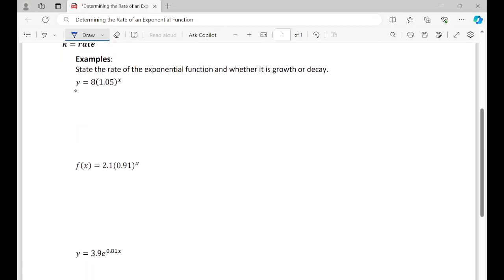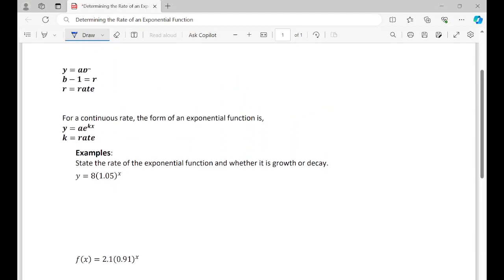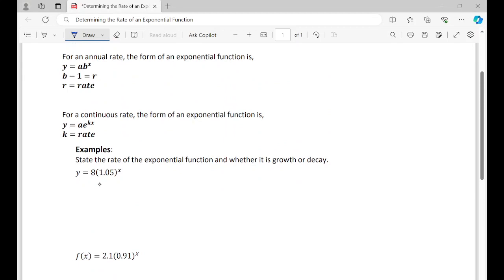First we have y equals 8 times 1.05 raised to the x. Now we want to find the rate, and we want to state whether it's growth or decay. This example is similar to the form ab to the x, so to find r, we need to find b.